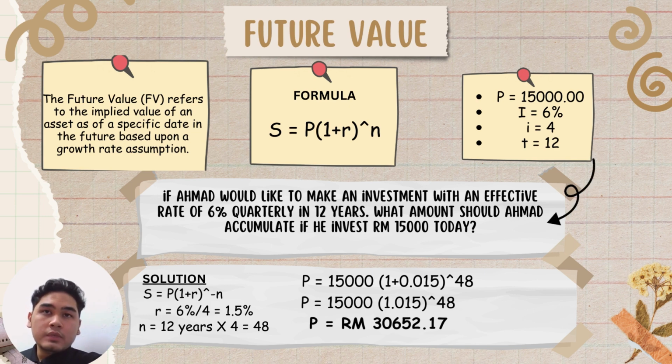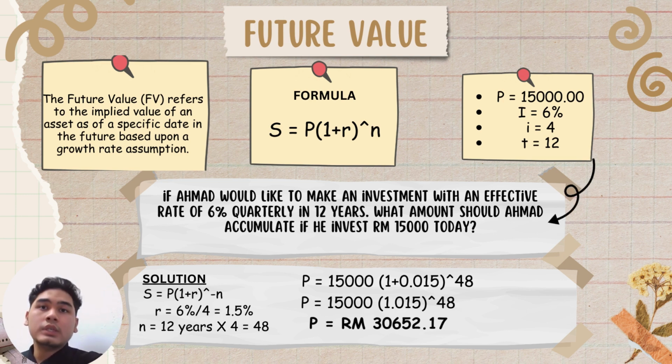The present value is 15,000, which will be the P. To find R, we have to divide 6% by 4 because it was compounded quarterly, which will get 1.5%. And to find N, we need to times 12 years times 4 because it also will compound quarterly, which we will get 48.